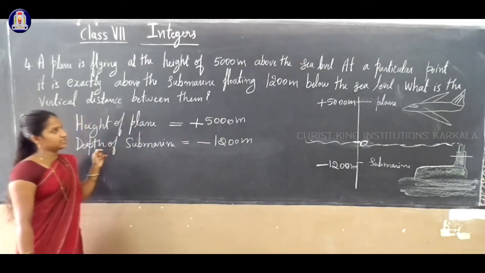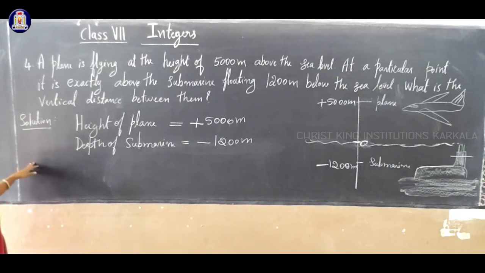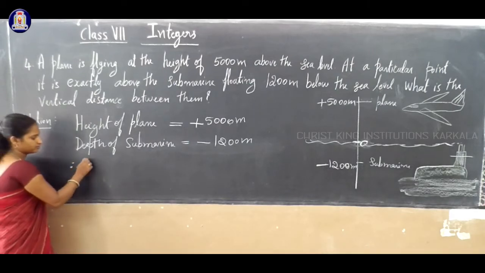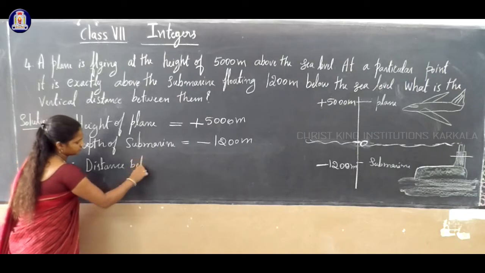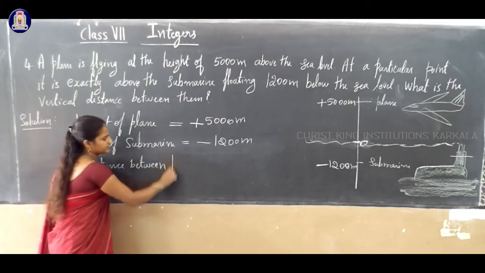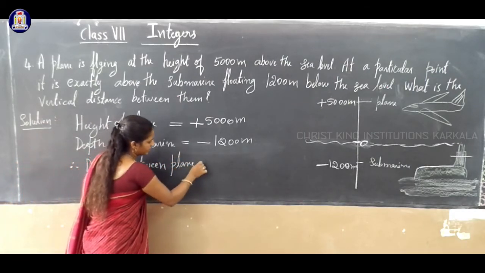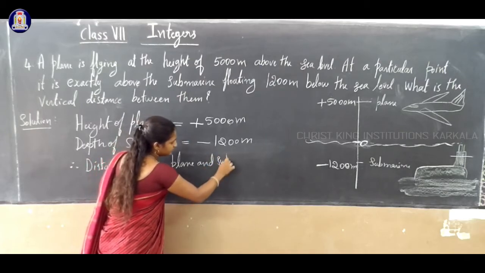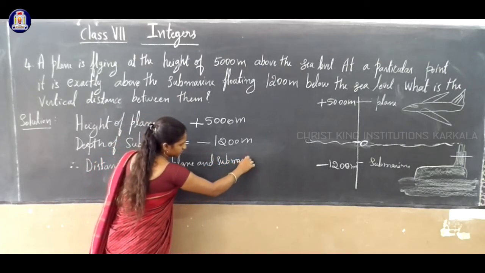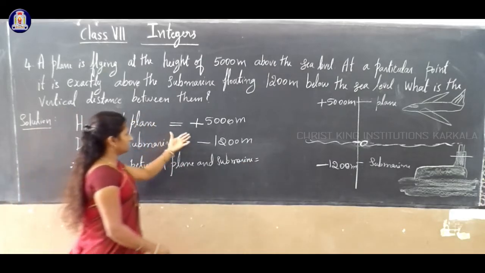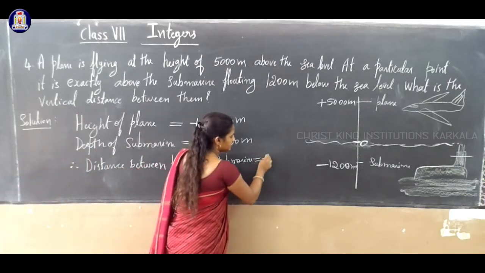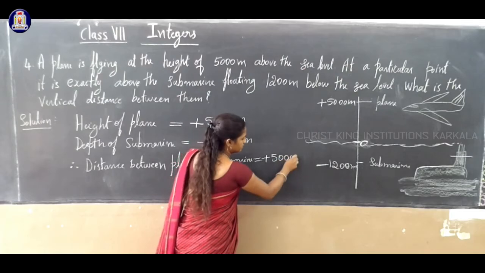So the question is, what is the vertical distance between them? Therefore, the distance between the plane and the submarine: the plane is plus 5000 meter.